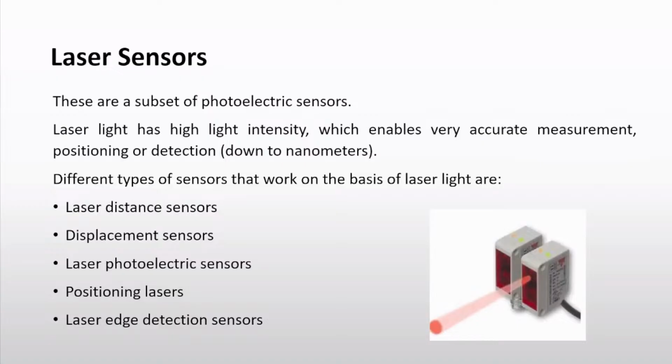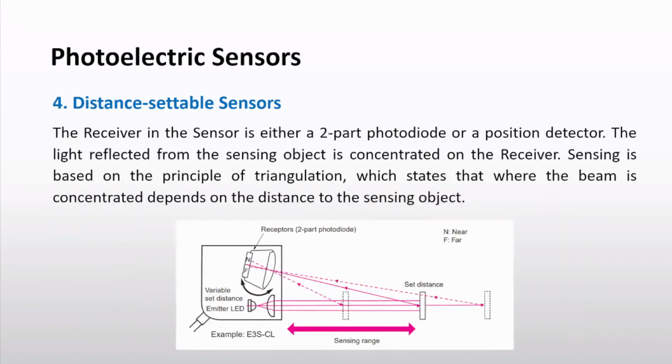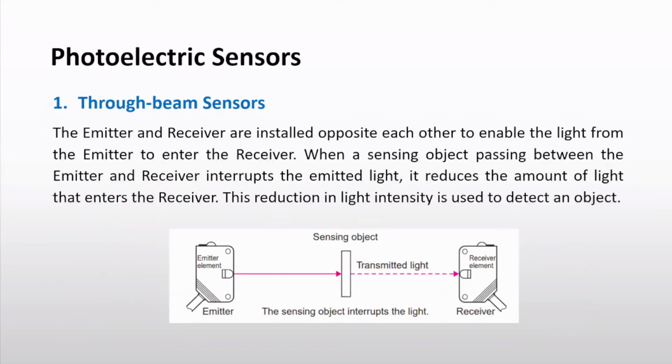So the next type is the laser sensors. Actually, these laser sensors are also similar to these photoelectric sensors. In every photoelectric sensor that you can see, an emitted light beam is used.